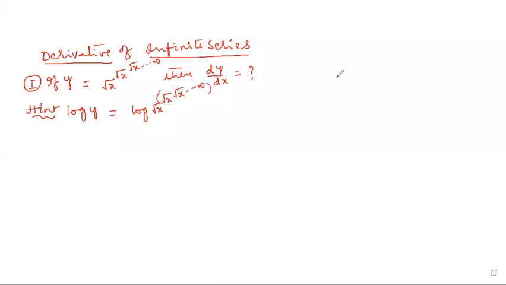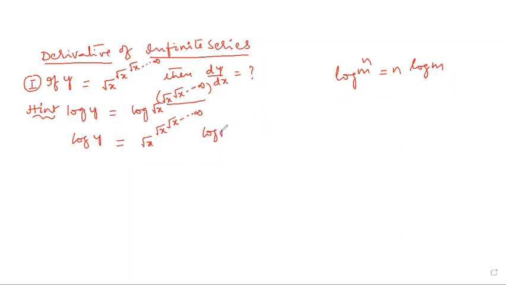In logarithm, log of m power n comes before log m. So this power comes before: log y is equal to root x, power is the root x up to infinite terms.